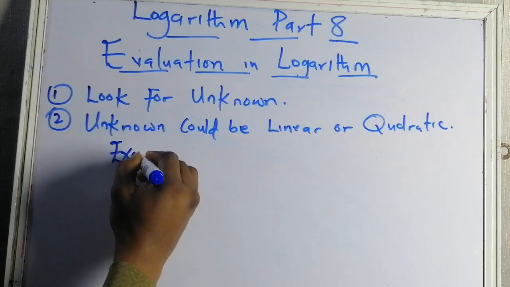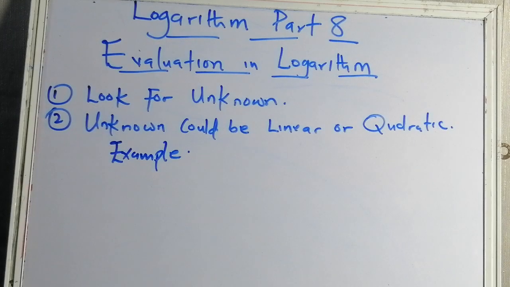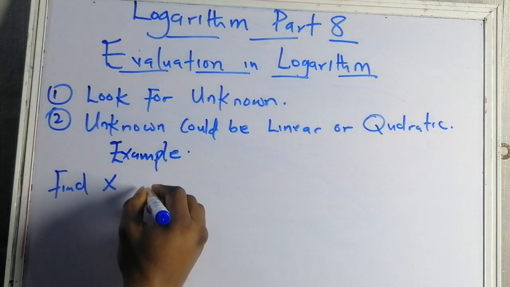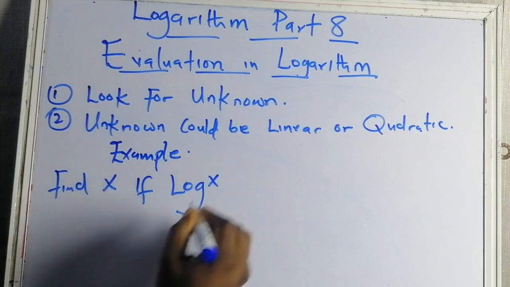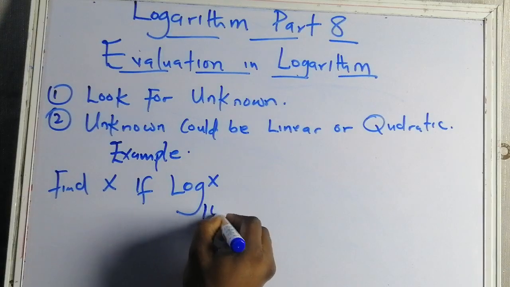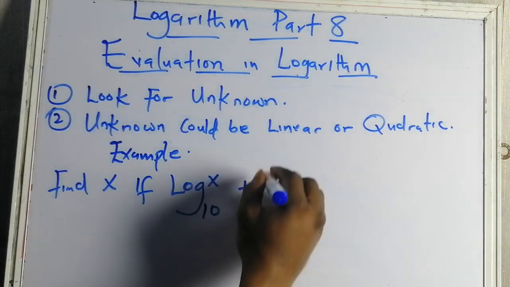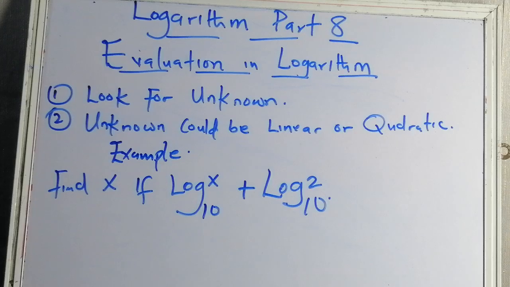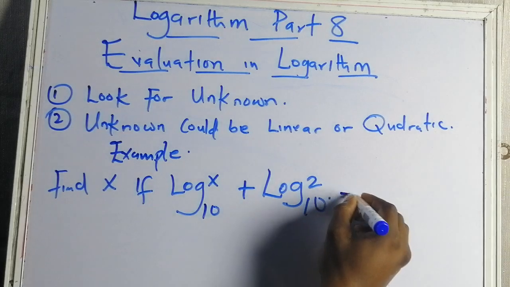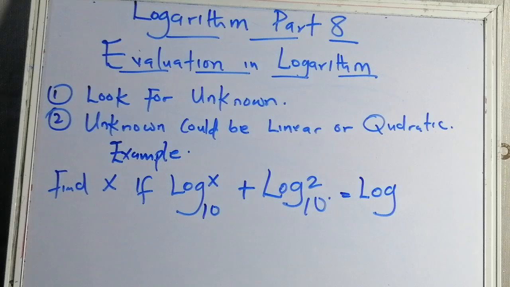So I can just coin out an example here, so that it can explain what we have above. Example, straight to the point. Let's say they said find x if log x base 10 plus log 2 base 10 equals 2.